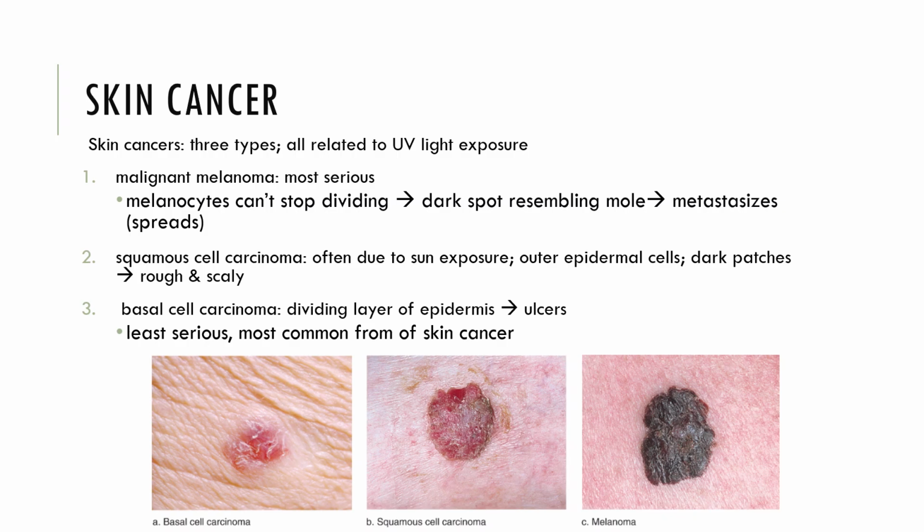It can spread quickly to other parts of the body. This is called metastasis. It's often caused by intense, intermittent UV exposure, such as sunburns.